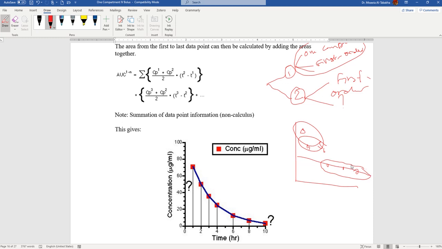So look at the terminal data points, get the slope. The slope will be equal to minus K.